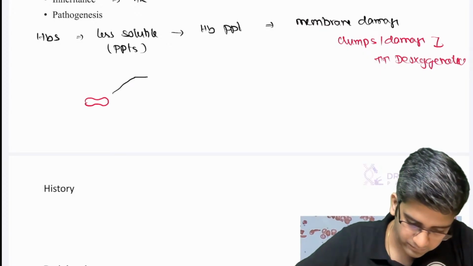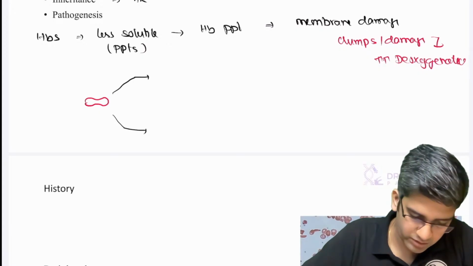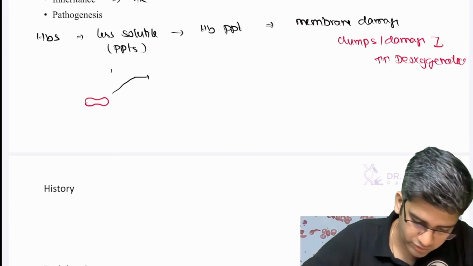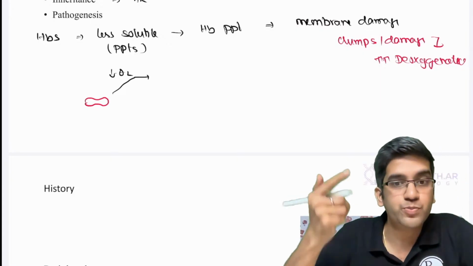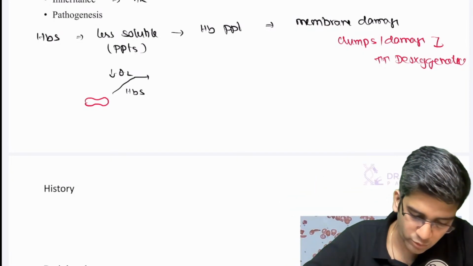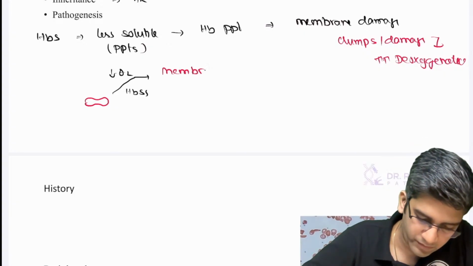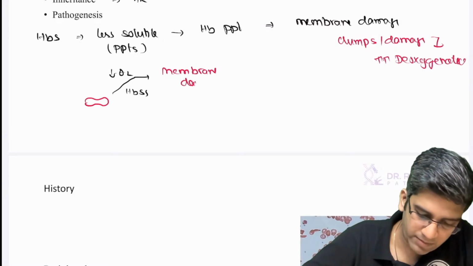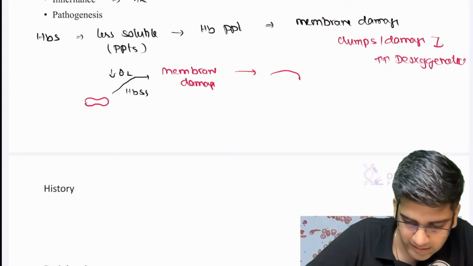Okay. So first thing, you have a simple normal RBC. From that, with less oxygen, less O2, or extremely high amounts of HbS, these are predisposing causes, right? So it causes membrane damage. When there's membrane damage, automatically it can turn into a poikilocyte.